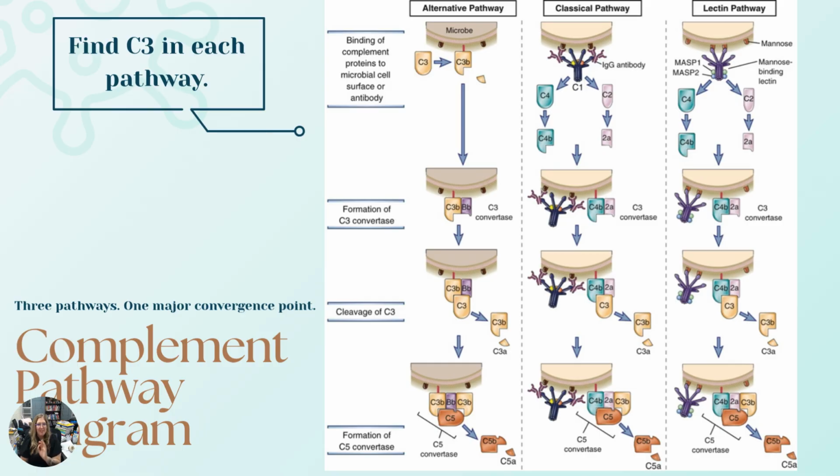What happens at all three? Eventually we form C3. We form a C3 convertase, and C3 gets cleaved. And then that little C3a then goes on to the formation, and so on.